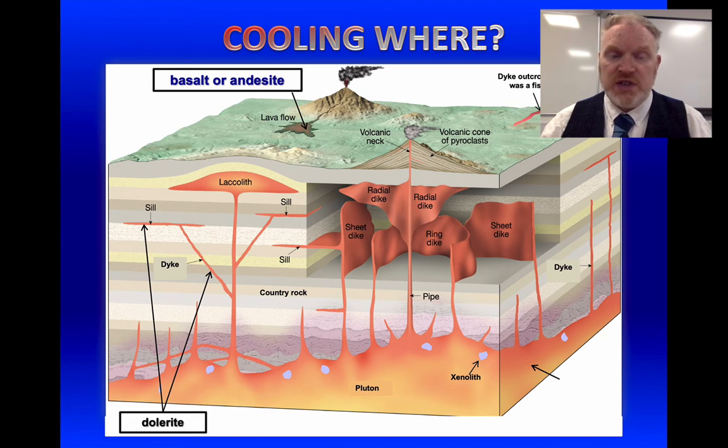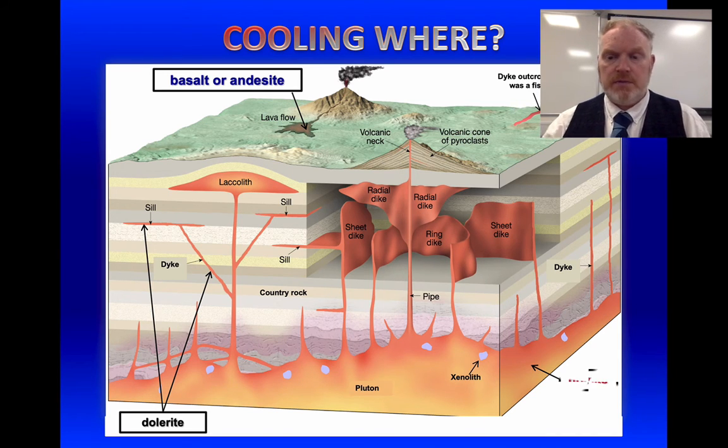In a dike or a sill, there's more chance of it being dolerite. It'll cool more slowly because that magma will be insulated by the country rock. It is possible to find basalt or andesite dikes and sills if they're very small. So if they're quite thin, they'll cool quite quickly.